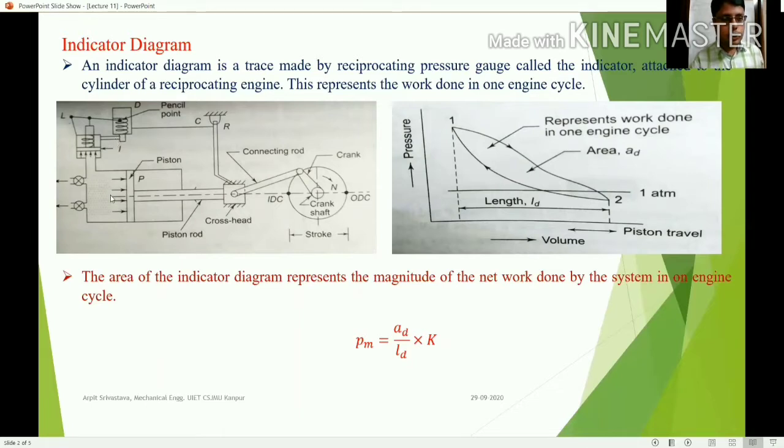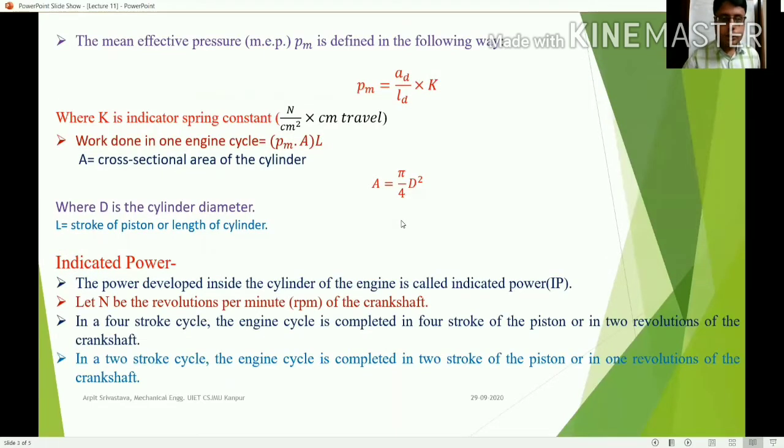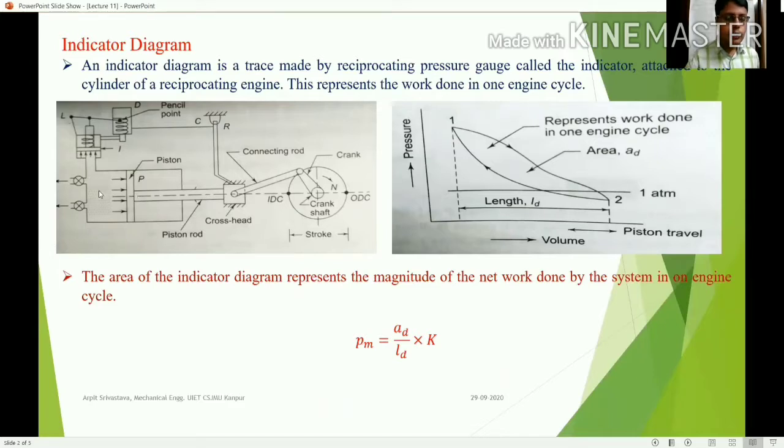If this piston is moving in the outward direction, then pressure is applied on this piston, and the same magnitude of pressure P is applied on the indicating piston.